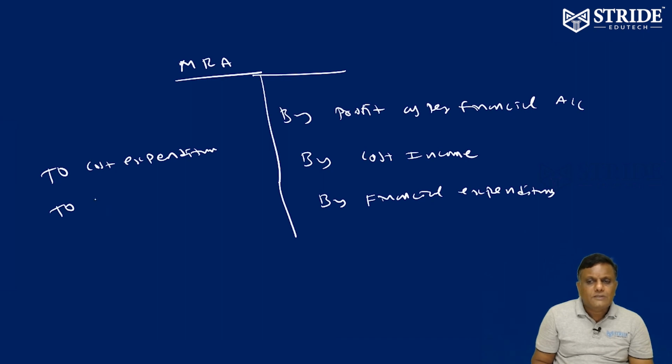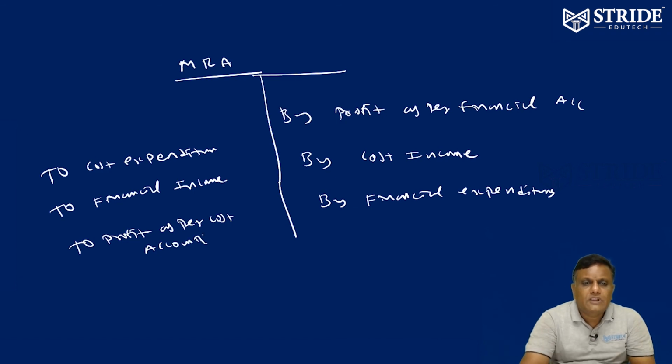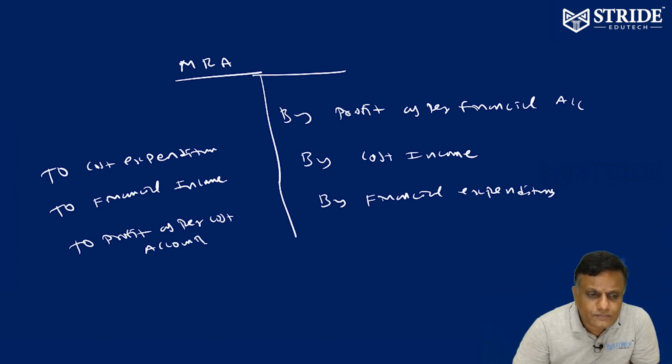To cost expenditure and financial income you can put here. The missing figure is profit as per cost accounts. That's it.